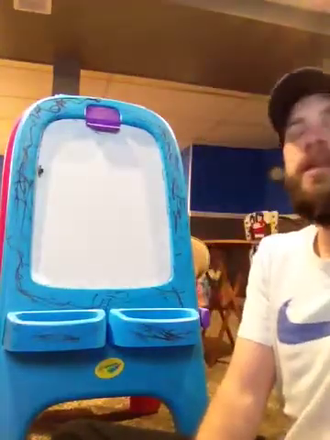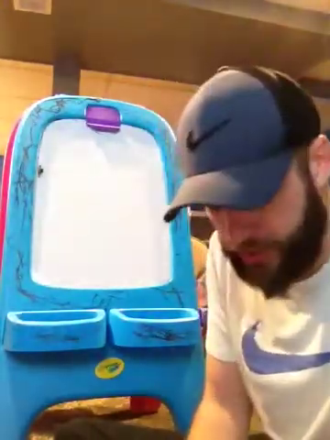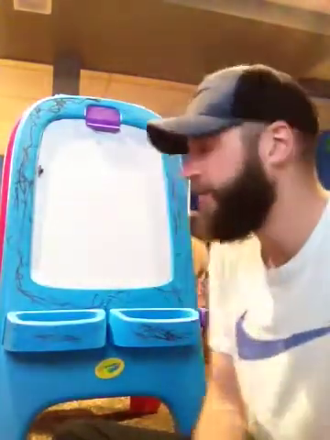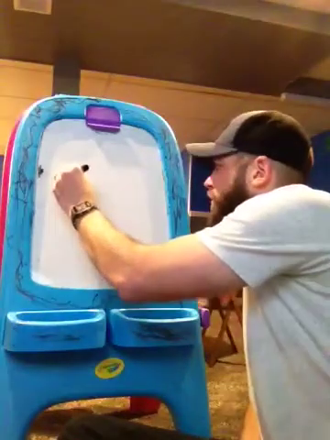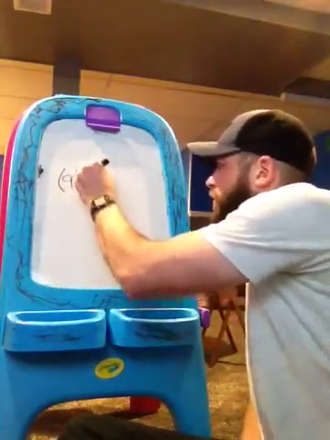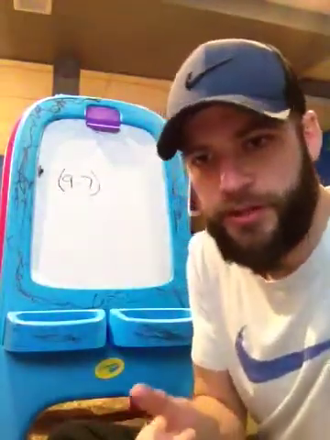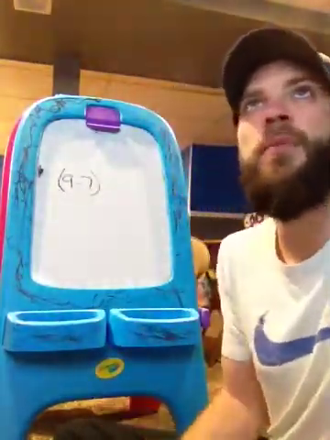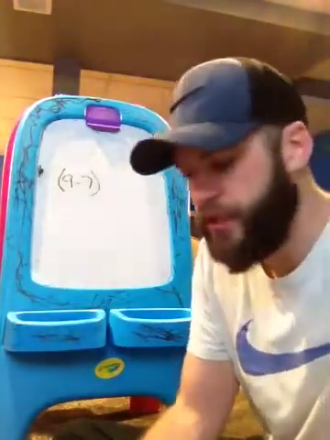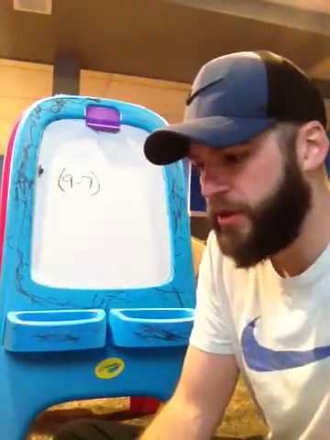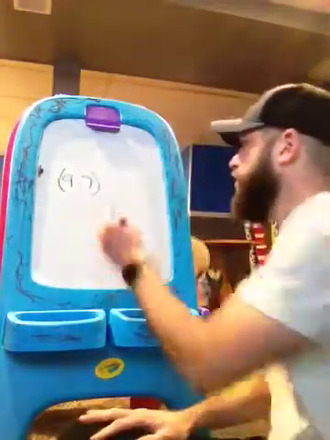Number 3, we have write an expression to represent multiplying twice the difference of 9 and 7. So the first thing I'm hearing and understanding is the difference of 9 and 7. Difference means subtraction. So the difference of 9 and 7, and multiplying twice the difference. So that means you have to take that answer and multiply that by 2.